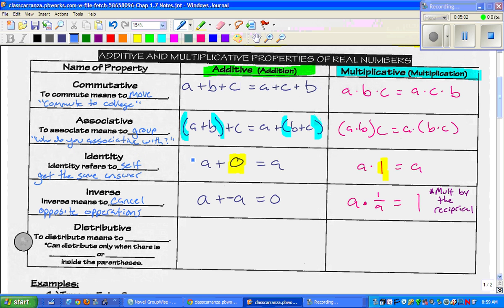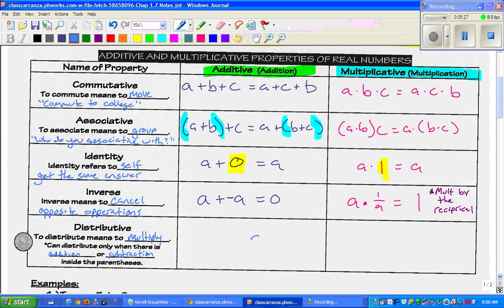Last property is the distributive property, and distribute means to multiply. And we need to remember that you can distribute only when there is addition or subtraction inside the parentheses. Now, this works for both properties. It's going to be the same thing.